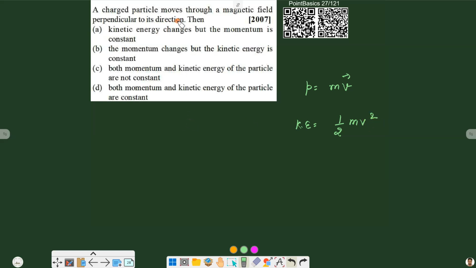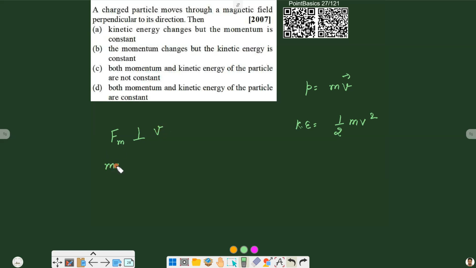Now, when a magnetic field applies some force on a moving charged particle, that magnetic force acting on a charged particle is perpendicular to its velocity. So, what does it mean?